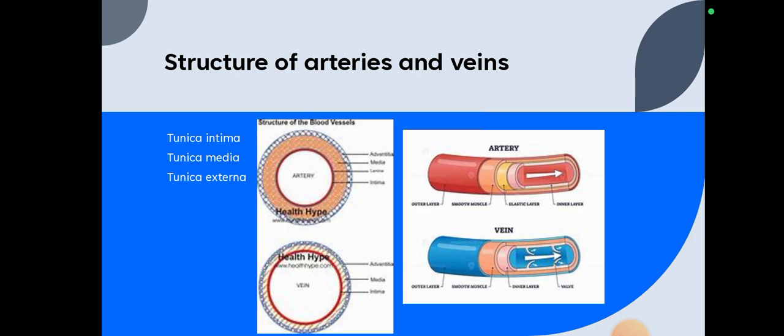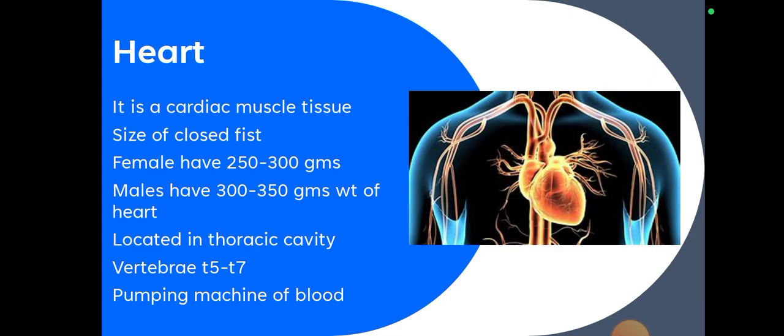In veins the inner one is smaller, medium one is also smaller, not thick, and outer one is also not thick. So tunica intima is internal layer, tunica media is middle layer, and tunica externa is external layer. So that was all about structure of arteries and veins.